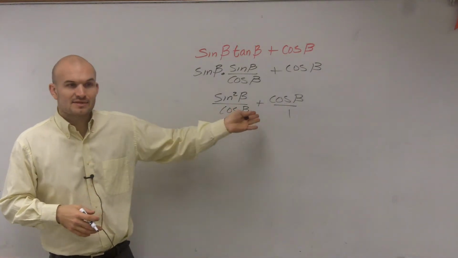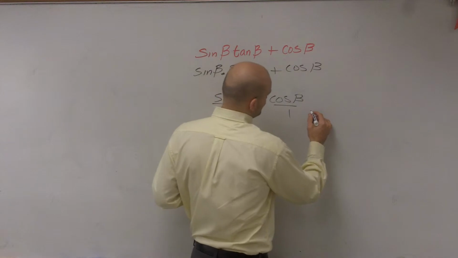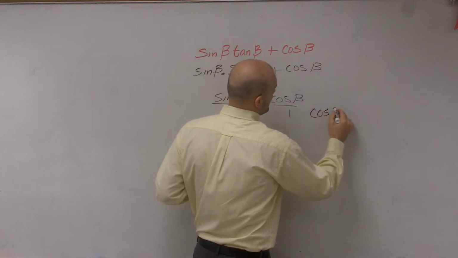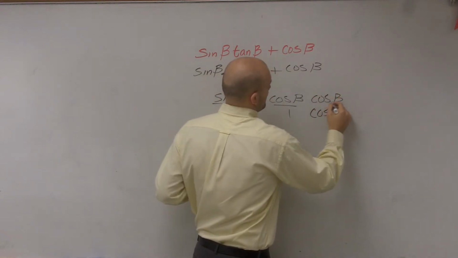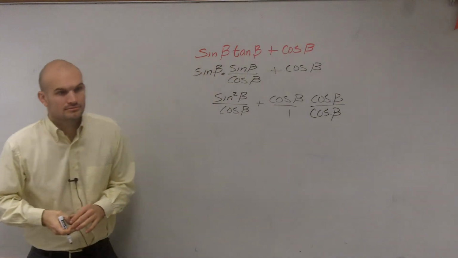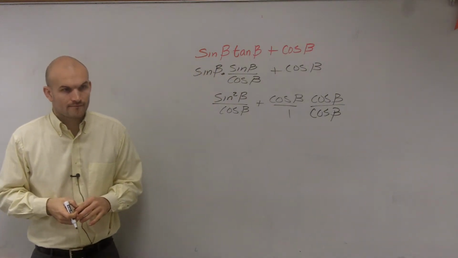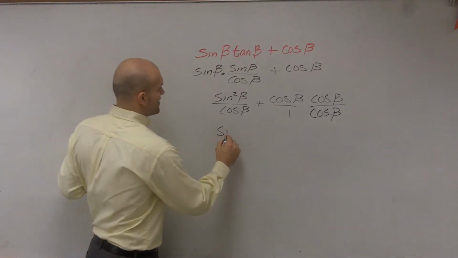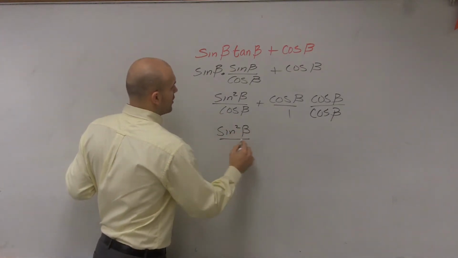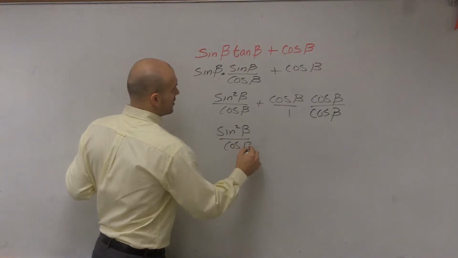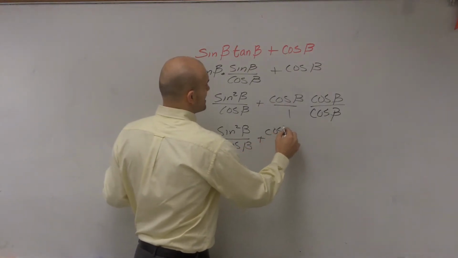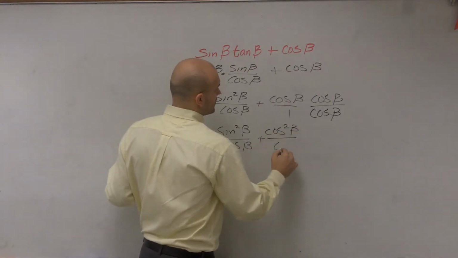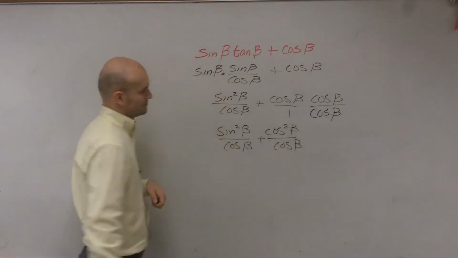And so if I need to get the same denominator, I could multiply by cosine of beta over cosine of beta. Right? So now I'm going to have sine squared of beta over cosine of beta plus cosine squared of beta over cosine of beta.